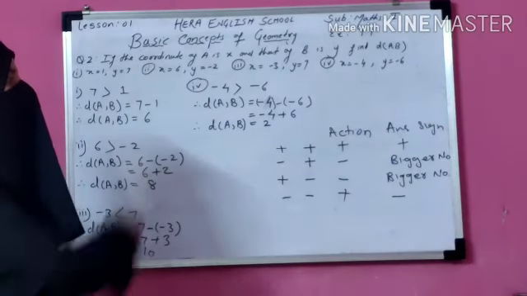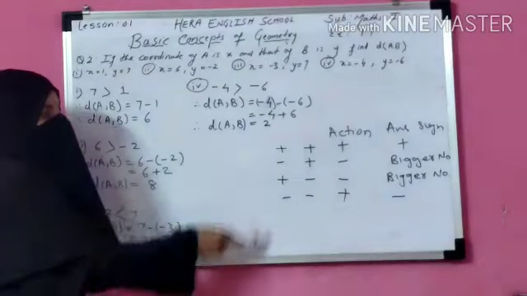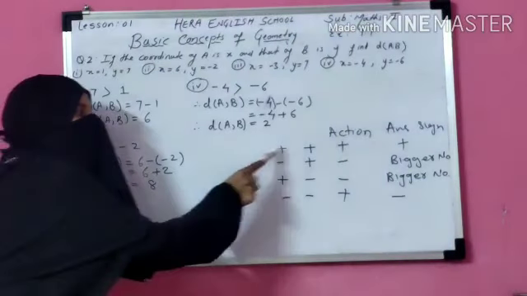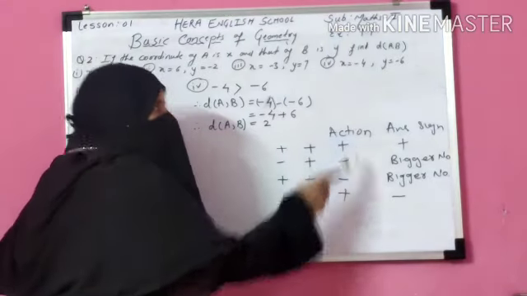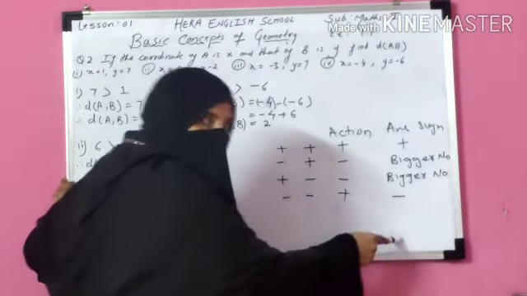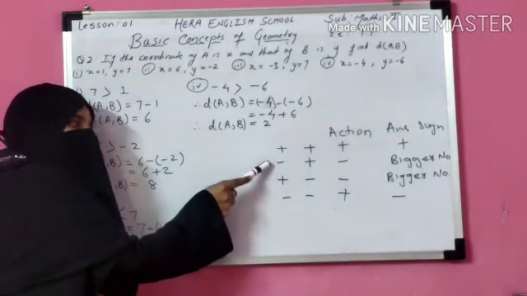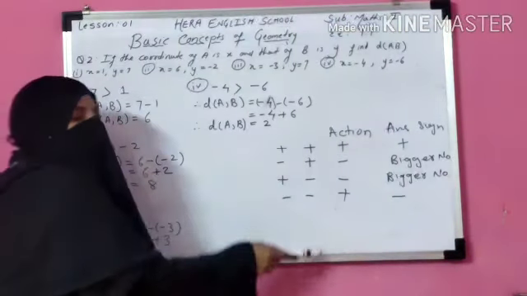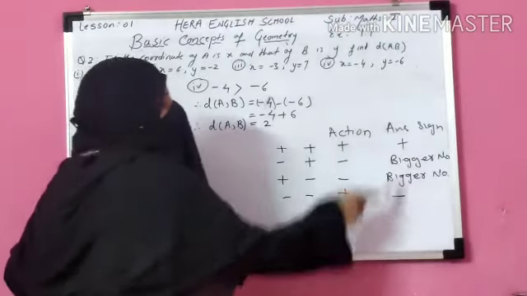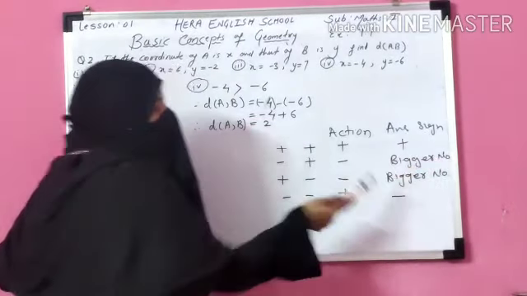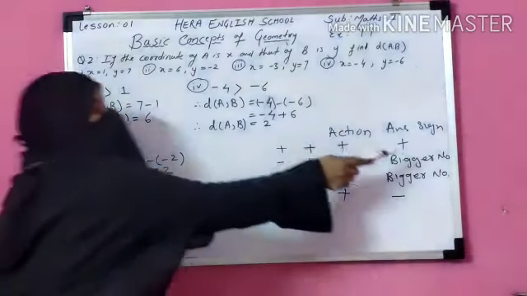I think you got the idea how to add and subtract two numbers. If two numbers are in plus form, then you have to perform the action of plus. The answer sign is also plus. If your first number is in minus sign, second number in plus sign, then the action is minus, and the answer sign is the bigger number's sign. If your bigger number is in minus, then the answer sign is minus.